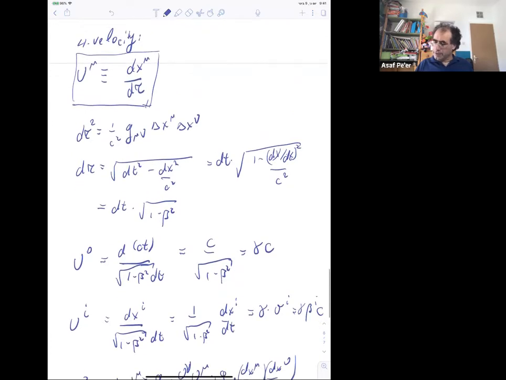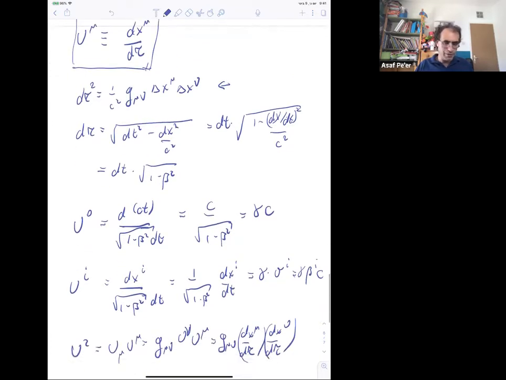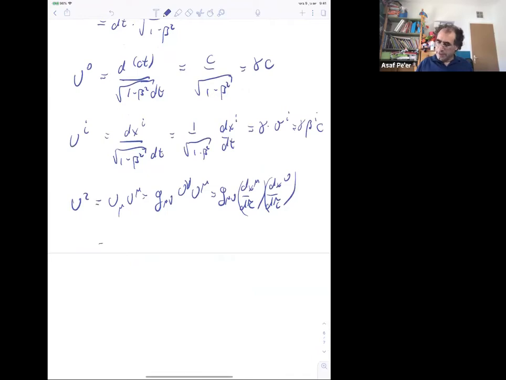Now I'm going to make use of that with the d tau squared. Okay, simply write it down as g mu nu dx mu dx nu over d tau squared. It'll be cheating, not too much. But this is just c squared, that's all.